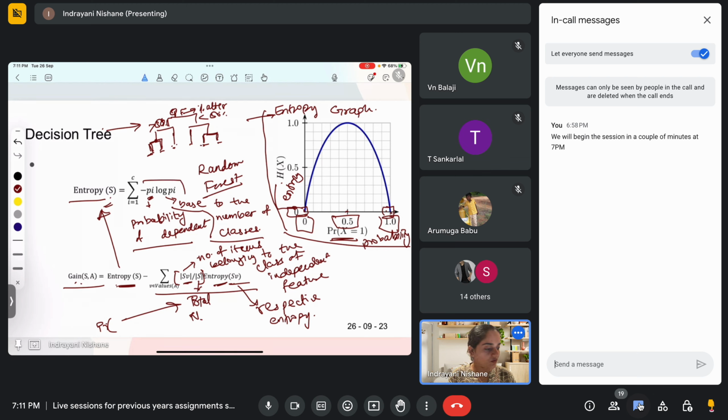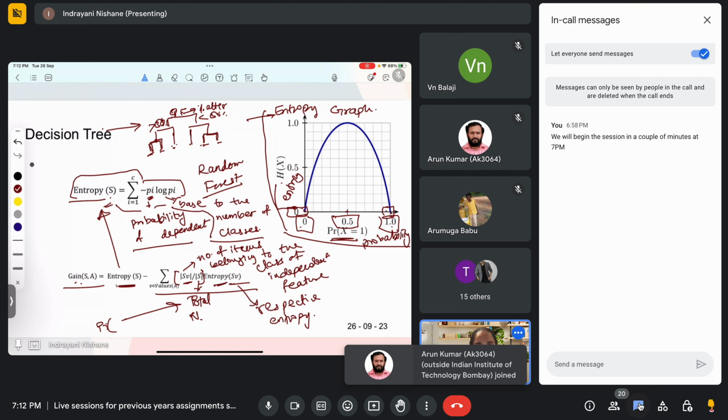If you observe this formula closely, you will get your answer on why for 0.5 it is maximum, and why for 0 and 1 it is minimum, because of this log function. So we have to remember that entropy is minimum for p value 0 and p value 1, and maximum for p value 0.5. If we remember these pointers, then even in the exam, you will be able to solve such questions in most cases.